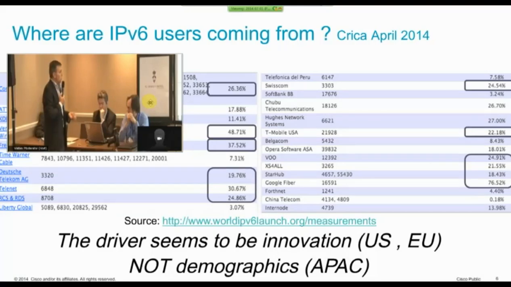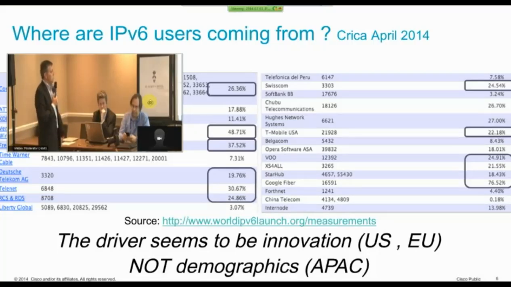Right. So if you're operating in a country like the US, where Verizon Wireless is by far the biggest mobile operator, and you know that this mobile operator has 50% of their users on IPv6, you better put your content on V6, because otherwise you're going to underserve your customers or disenfranchise some of them.